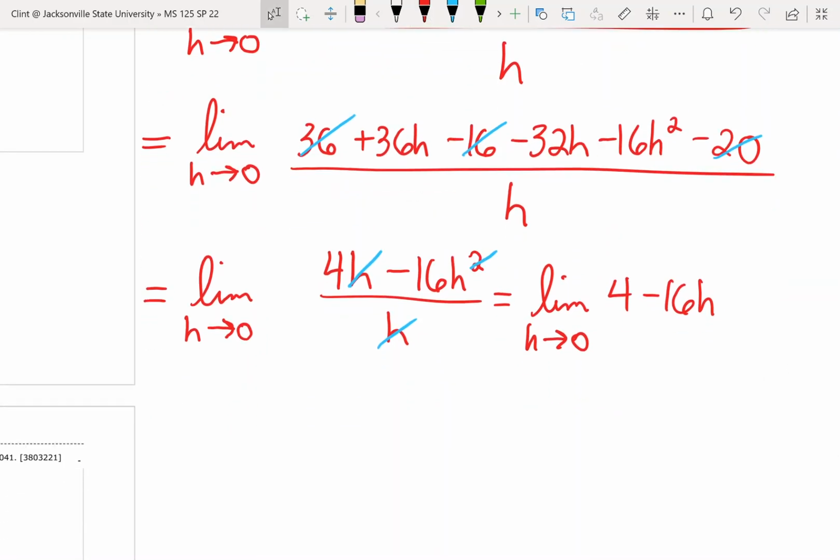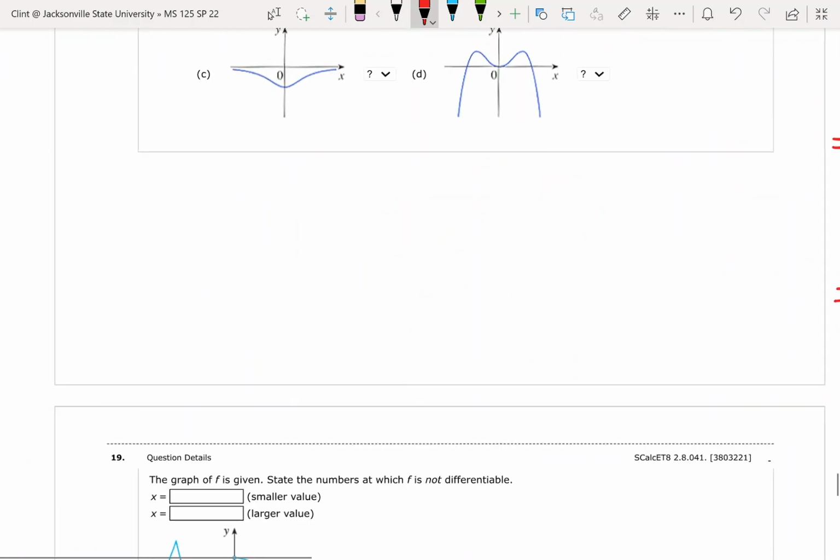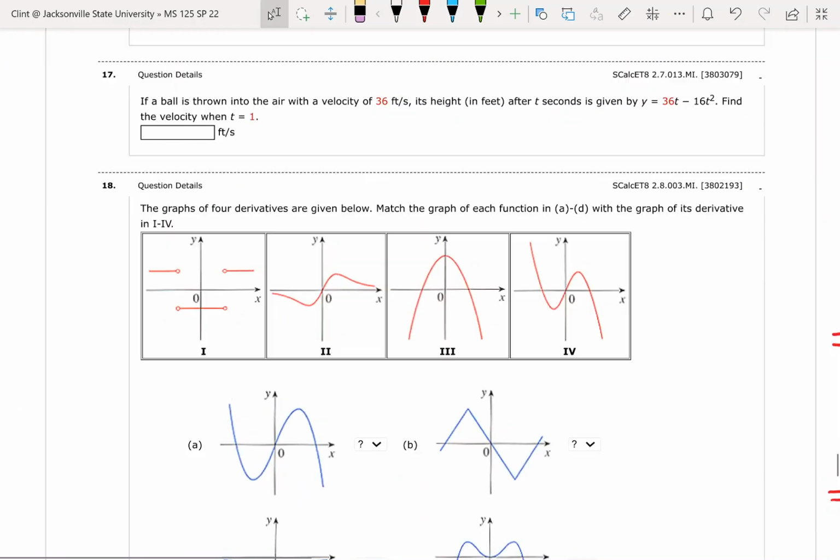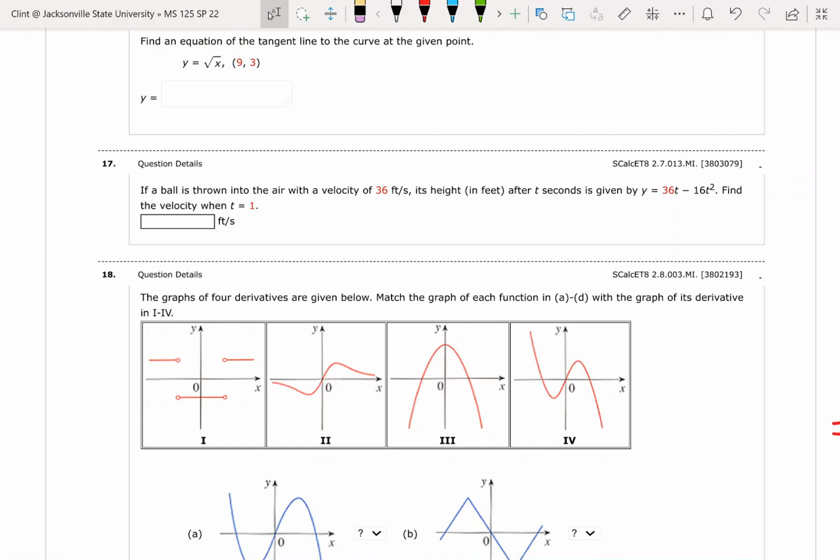What's that limit going to be? Plug in 0 for h. Yeah, so we just get 4. So after all that work, with our units, we end up with a velocity of 4 feet per second.